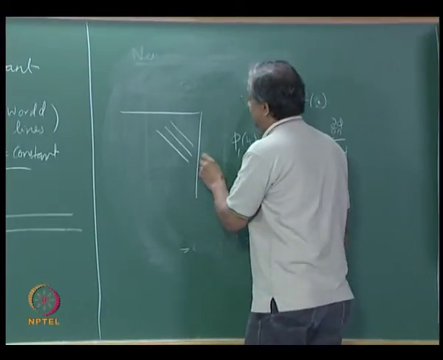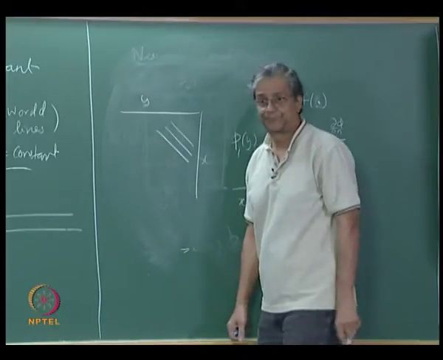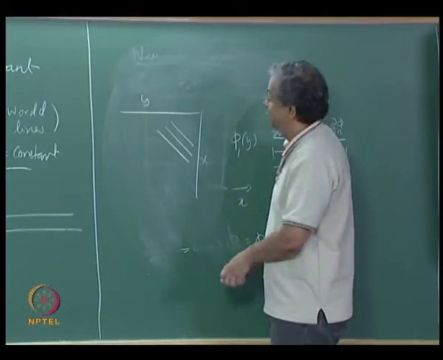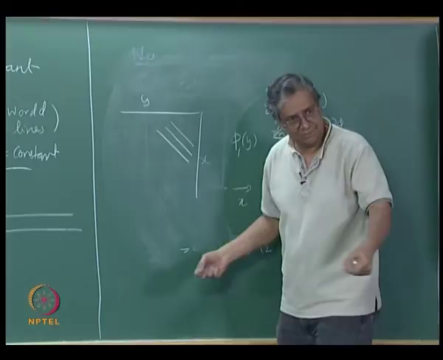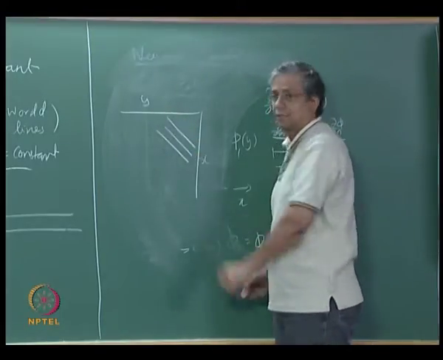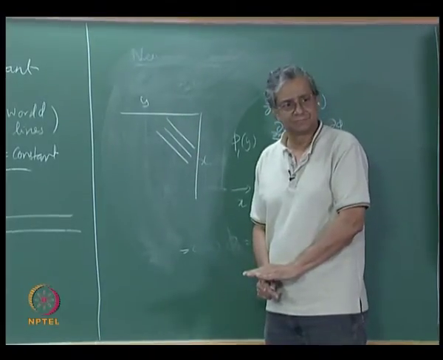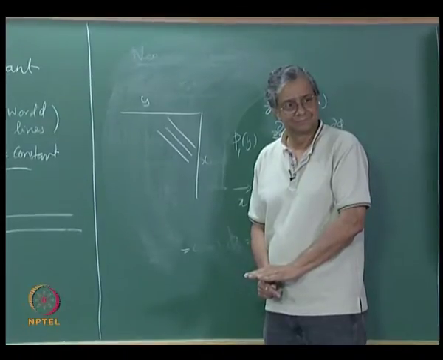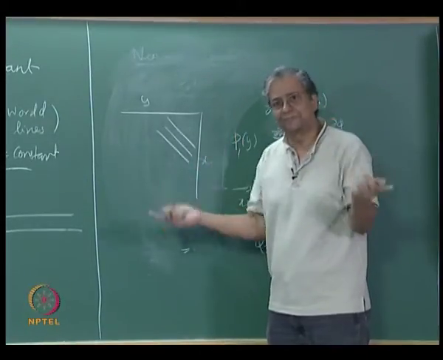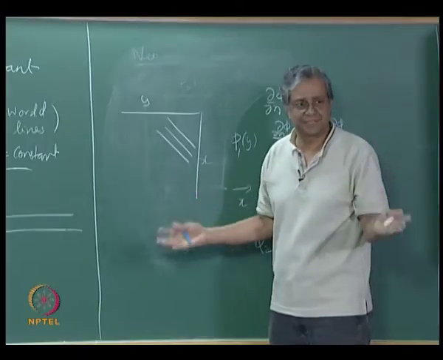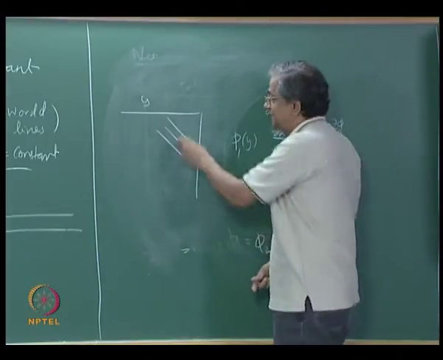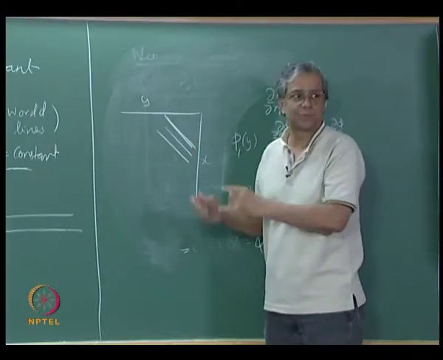If you have this as x and y coordinates, what is a given stair, a given step? Along it the height is a constant, that is the property. So don't think of it as t, as it has to be time. It just says that along this line the property is a constant.